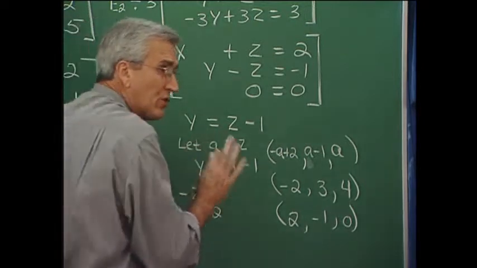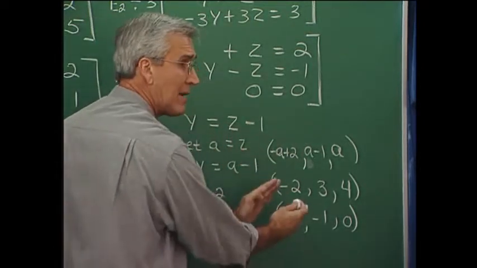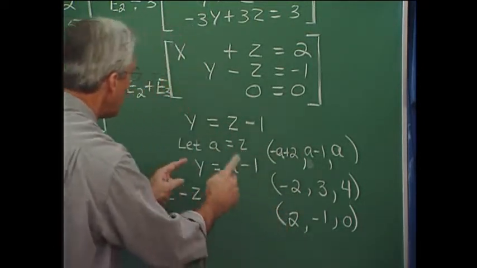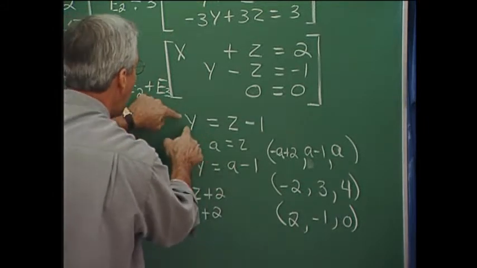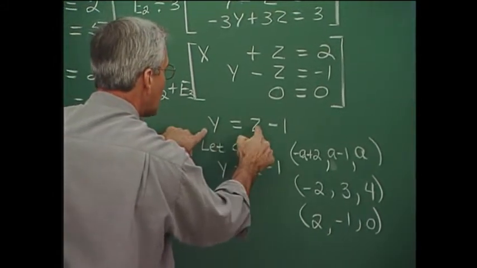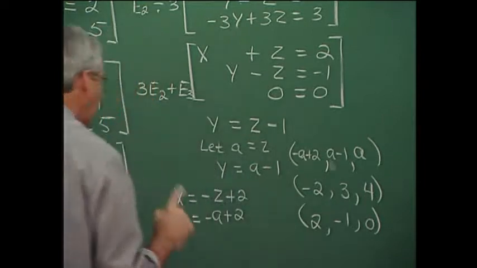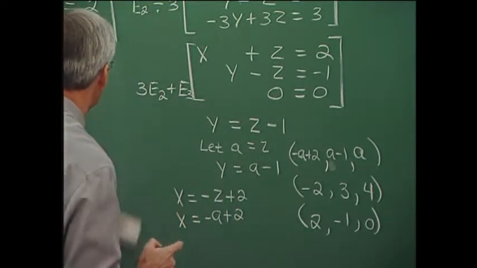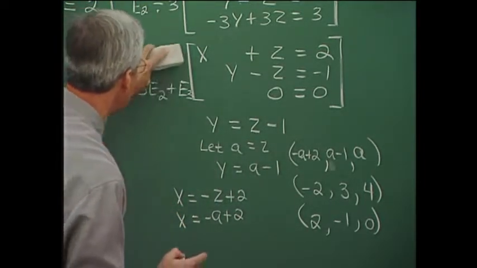Now you would generate exactly the same set of ordered triplets if I had let the y here be A and then solve for z. Now let me show you what that looks like. I just want to make sure we understand this little process here at the end.